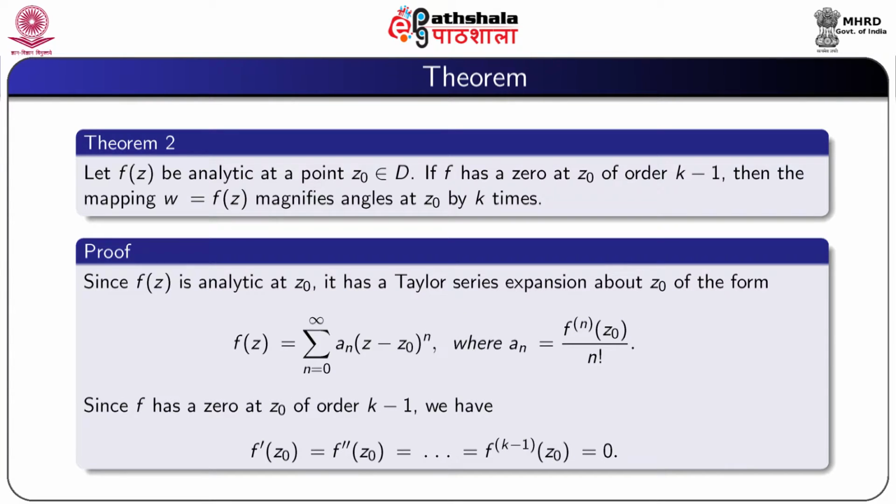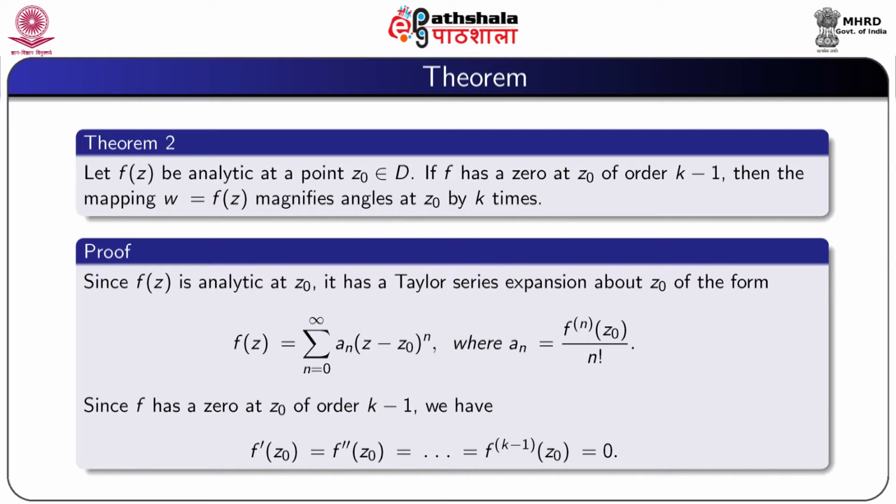So, proof: since f(z) is analytic at z0, it has a Taylor series expansion about z0 of the form f(z) = summation n equal to 0 to infinity a_n (z - z0)^n, where a_n is given by the nth derivative of f at z0 divided by factorial n.